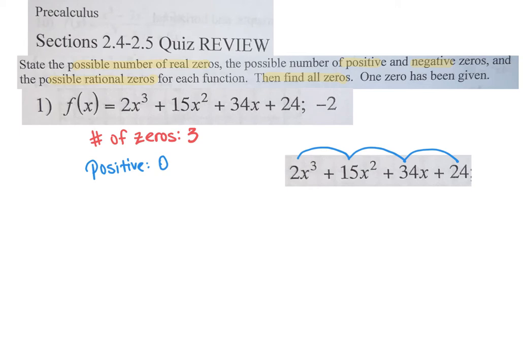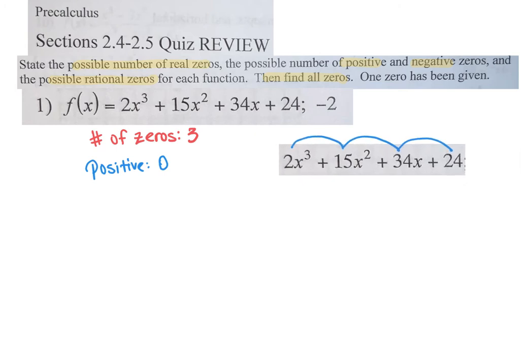All right, so for negatives, you do exactly the same thing, except you are going to change your signs based on what would happen if you plugged in a negative. So we're going to take this same thing here, and we are going to redo it, assuming that we plug in a negative to that x.